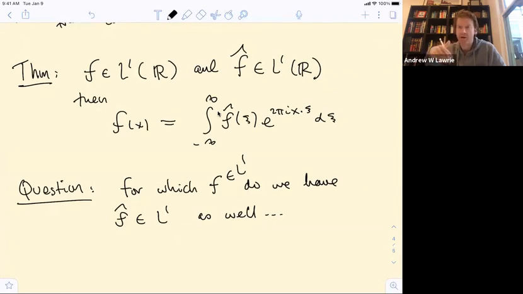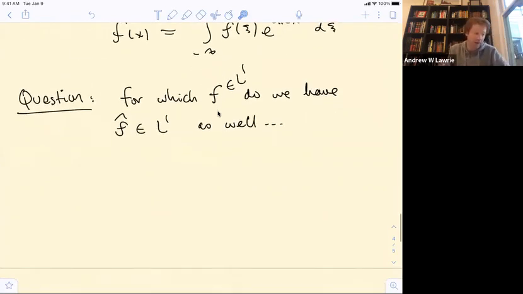That's why we spent so much time trying to understand it further and finding classes of functions for which we knew the inversion formula held, or for which we had uniform convergence. In general, if you give me an L1 function, it's very hard to see if the Fourier transform is in L1. And let me give you an example, and it's not at all guaranteed.